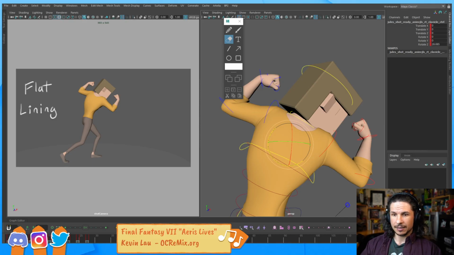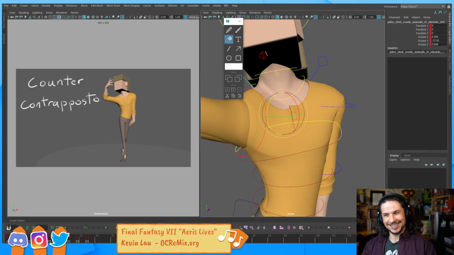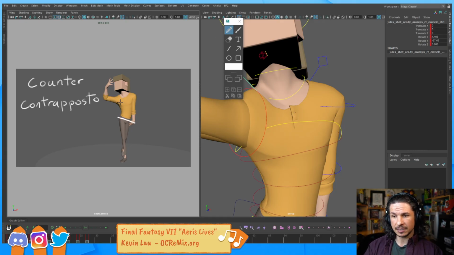Now, the counter contrapposto. This is more of a concept than an issue, but it's something I highly recommend people look for when they're looking at their clavicles. As we're taught how to pose, one of the big things we're taught is contrapposto. Contrapposto is when the angle of your hips versus the angle of your shoulders contrast, and it makes this nice, elegant squash and stretch in the pose.